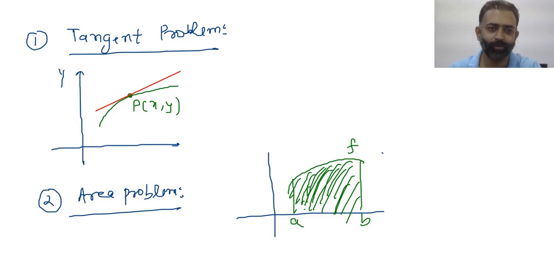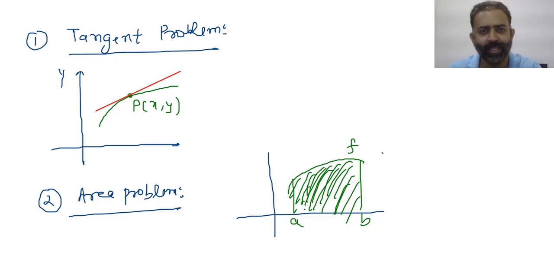So later on, once the concept of limit was developed, the whole mathematics after the tangent problem was developed by Newton and Leibniz simultaneously, and a connection was established between the area problem and the tangent problem. For 1000 years, mathematicians were finding out the area under the given curve using different methods.